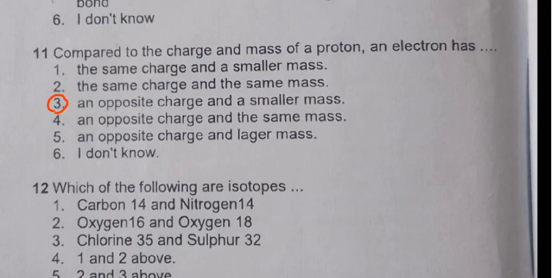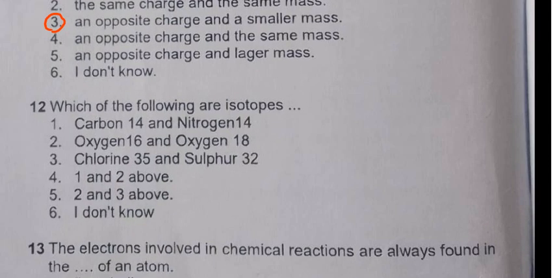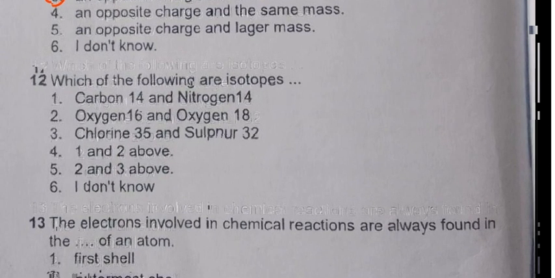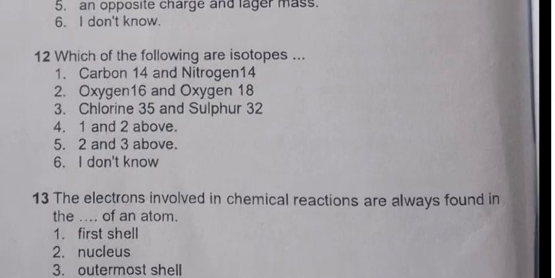So question 12 says, which of the following are isotopes? Carbon 14 and nitrogen 14. Then we have oxygen 16 and oxygen 18. We have chlorine 35 and sulfur 32. So carbon 14 is an isotope. Chlorine 35 is not an isotope. So we have 1, should be among the answers.